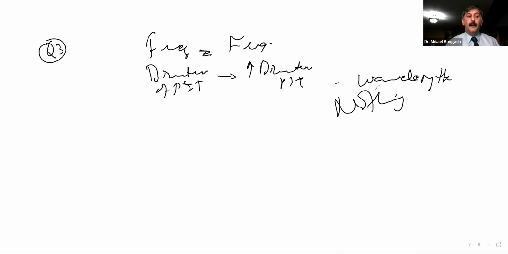Did that make sense? Right, okay. Now had it said thickness instead of diameter, then if you increase the thickness, of course it will affect the wavelength. Then your wavelength will also increase.